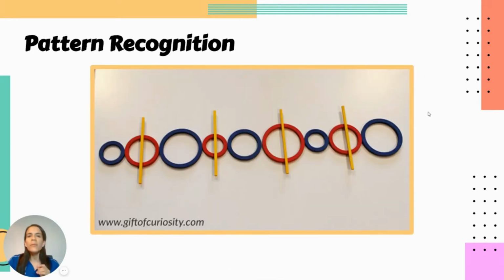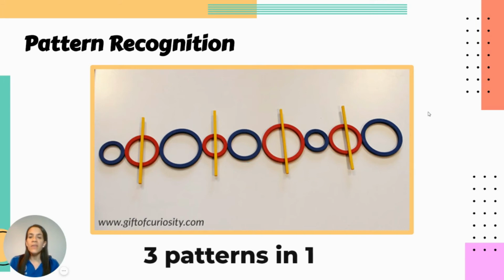Now, about pattern recognition, I am pretty sure you guys know the typical pattern of shapes and colors, right? But you need to have in mind that sometimes patterns can be in different ways. For example, in here, you will find 3 patterns in one. It's not only about the shapes and it's not only about the colors, okay?